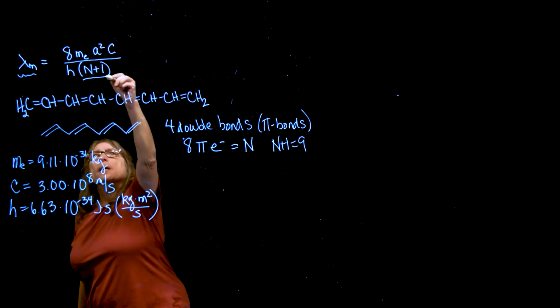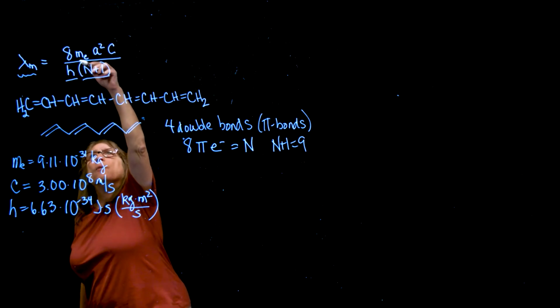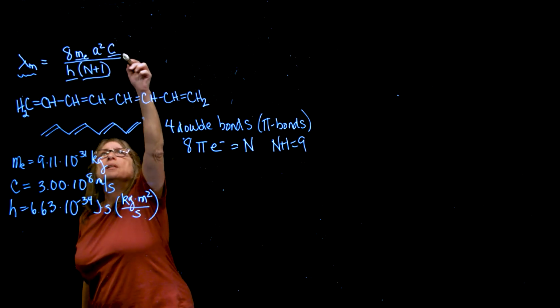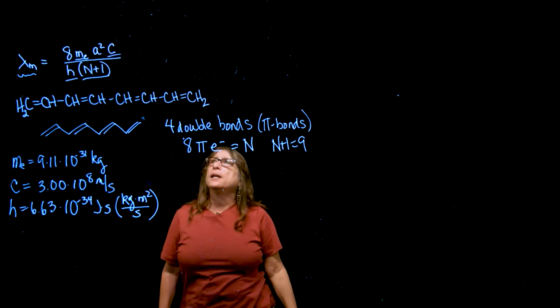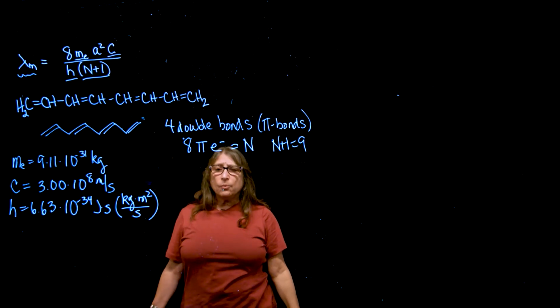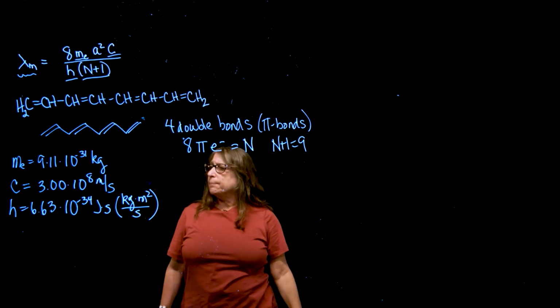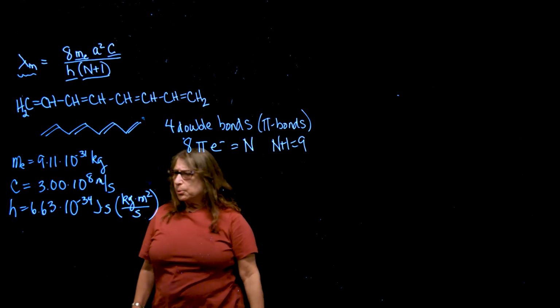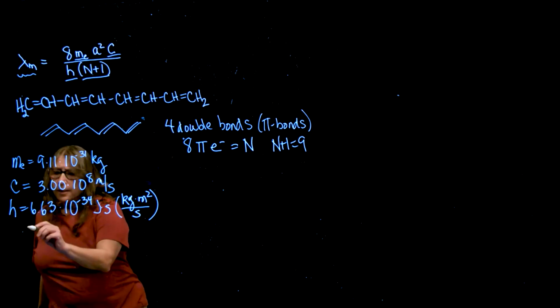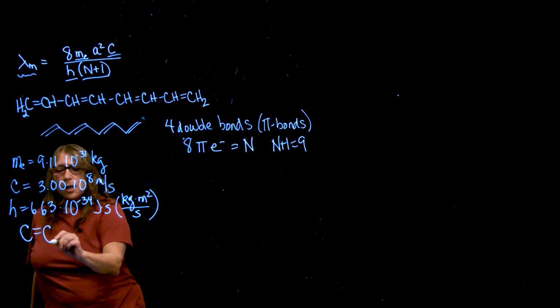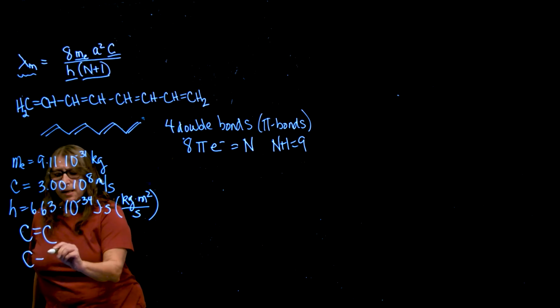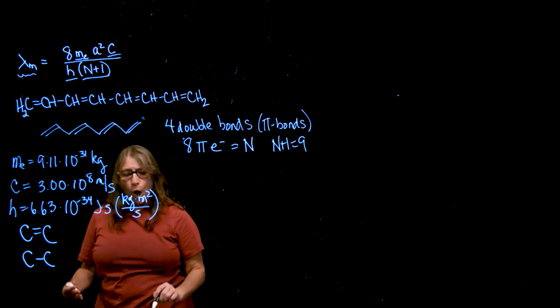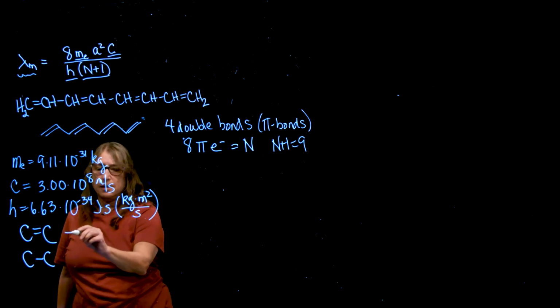So I've got h, I know what 8 is, I know the mass of an electron, I know the speed of light. Now I need to find out what a is. I forgot to write it down, but it was actually in the problem. We have carbon-carbon double bond distances and carbon-carbon single bond distances.